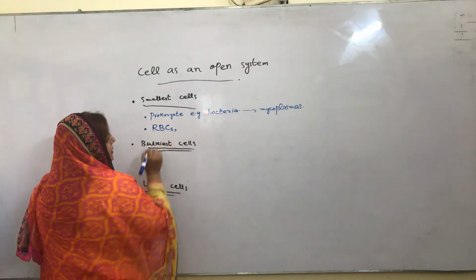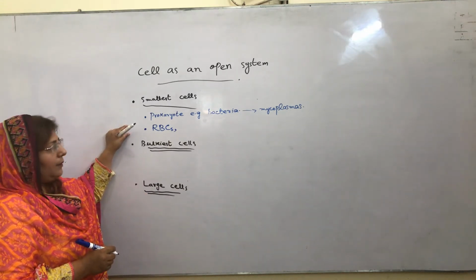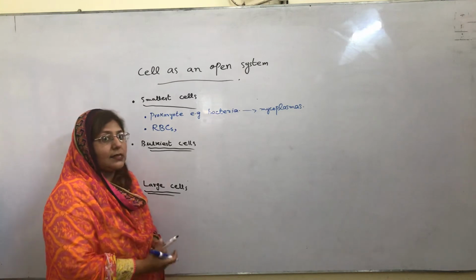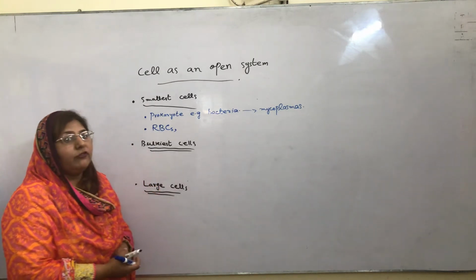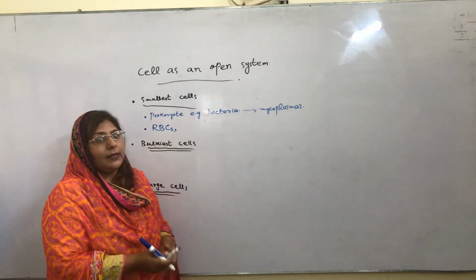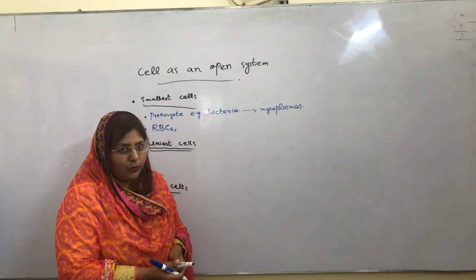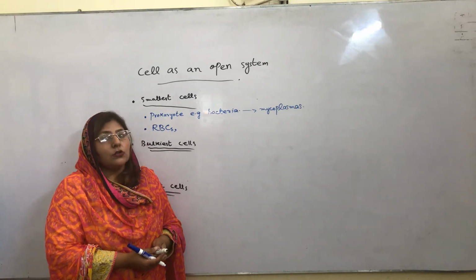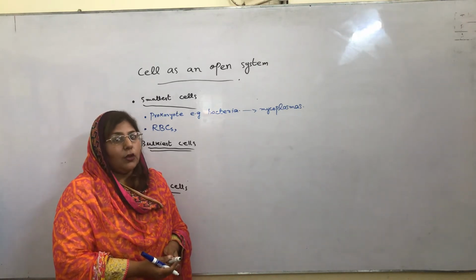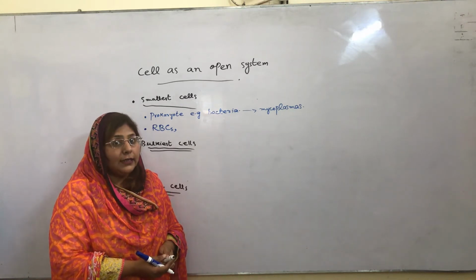Red blood cells. These are also smallest cells in our body. Now we will discuss why they are smallest and why they are important. The answer is very simple: their diameter is approximately 8 micrometer. They are very tiny, because in our body we have very narrow blood vessels.